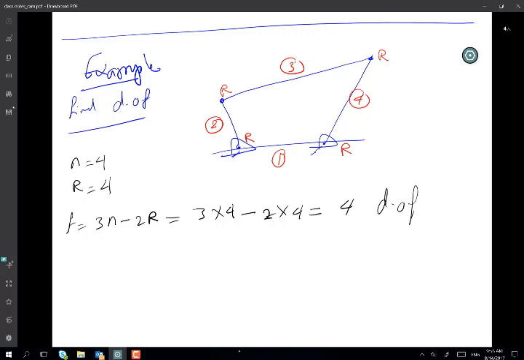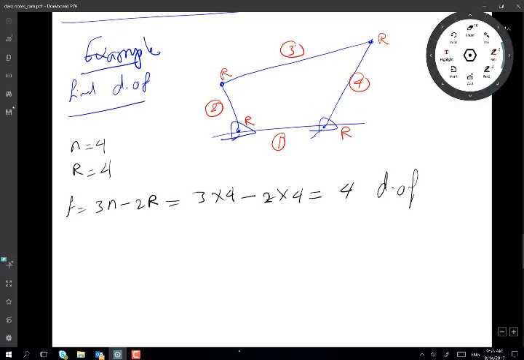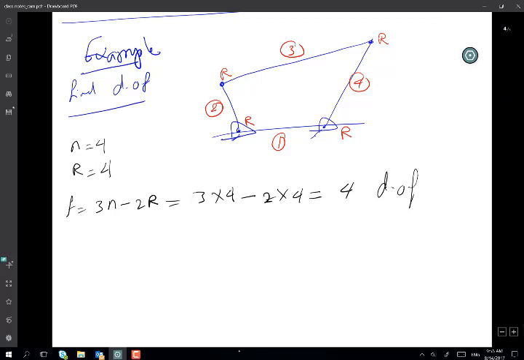So where did I go wrong with my calculations here? All right, let's see what happened. Take stock. I said I had 4 links, and I do, that's not a problem. And 4 revolute joints, and I do.